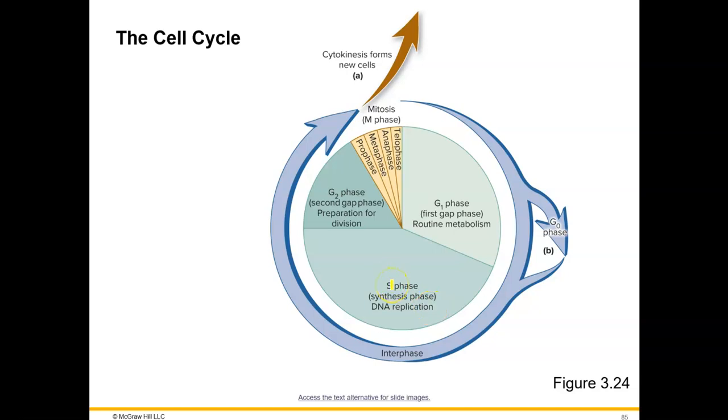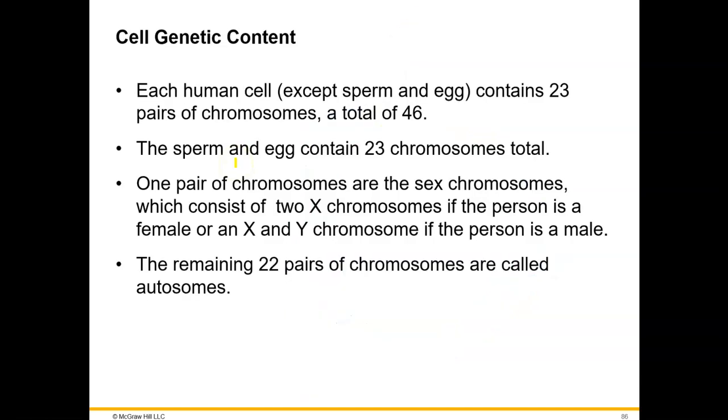S stands for synthesis. And the G2 phase is when the spindle fibers or spindle microtubules are produced that are going to play a role in cell division. Then you go into the M phase or mitosis, and that's divided into prophase, metaphase, anaphase, and telophase. Mitosis is division of the nucleus of the cell.